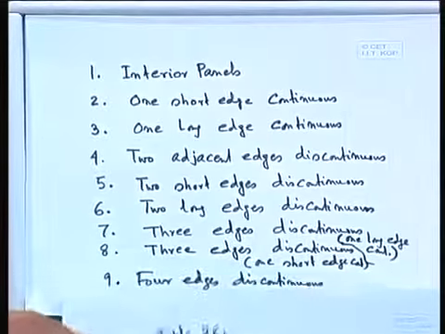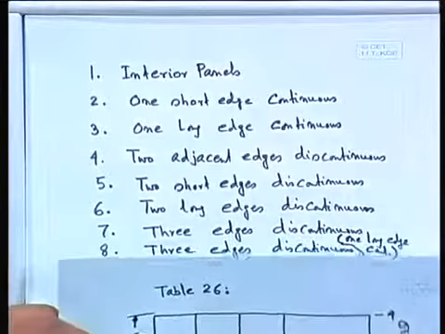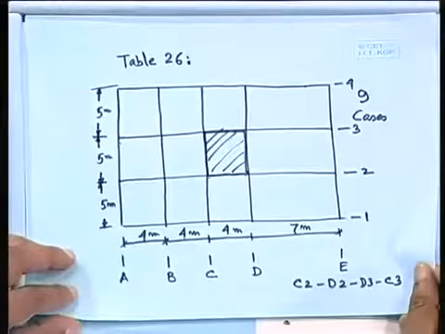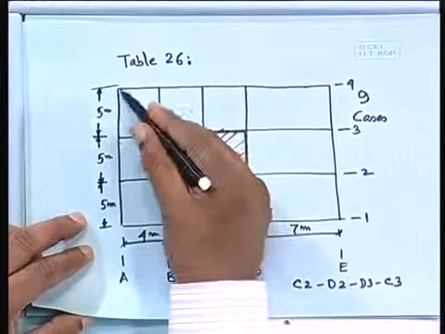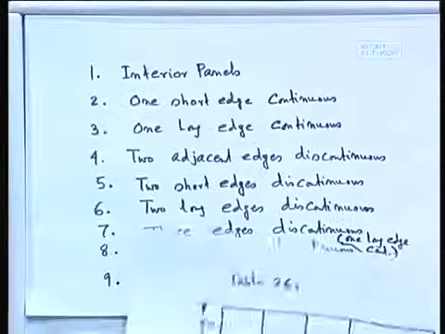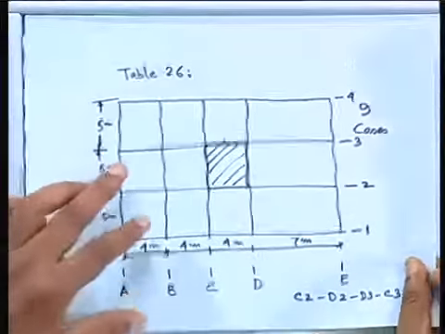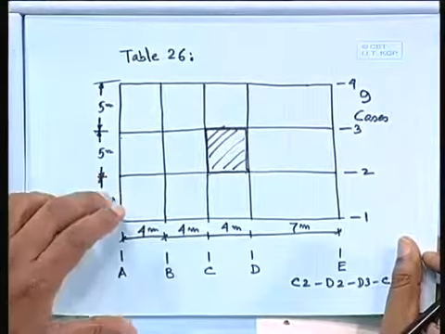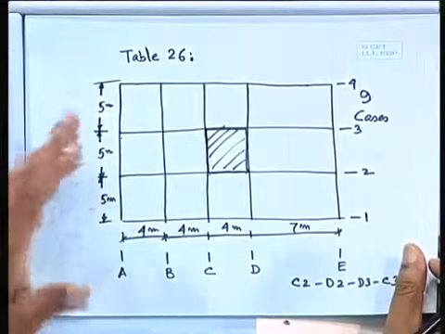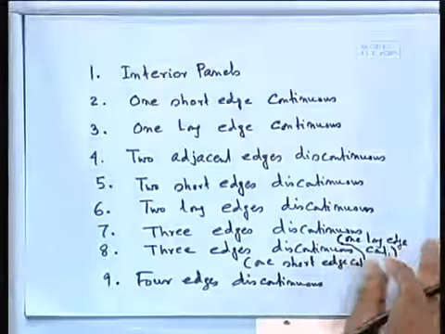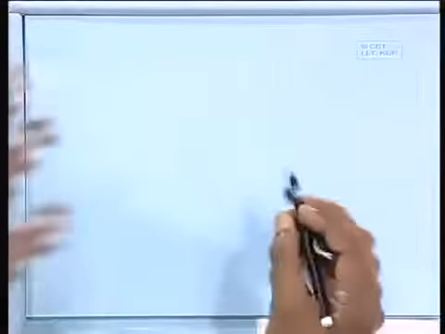Now two adjacent edges discontinuous, it means this corner. Two short edges discontinuous, that case you will not get here. It means I can draw that figure another way. It can happen something like this.